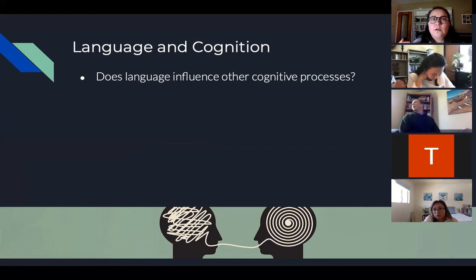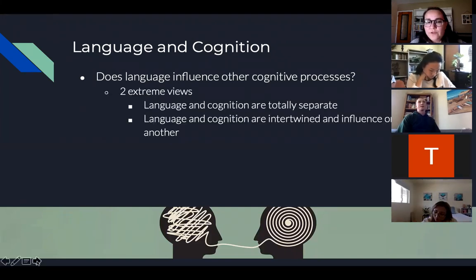And so our use of language in a wide variety of areas in our lives, and the fact that language is often pretty involved in different cognitive abilities that we develop too, raises a really important question about how, if it does, language might influence our other cognitive abilities. And so there are a couple of different views on this.